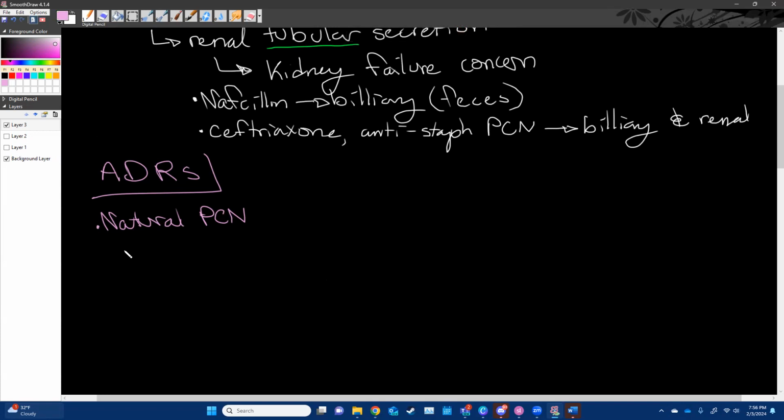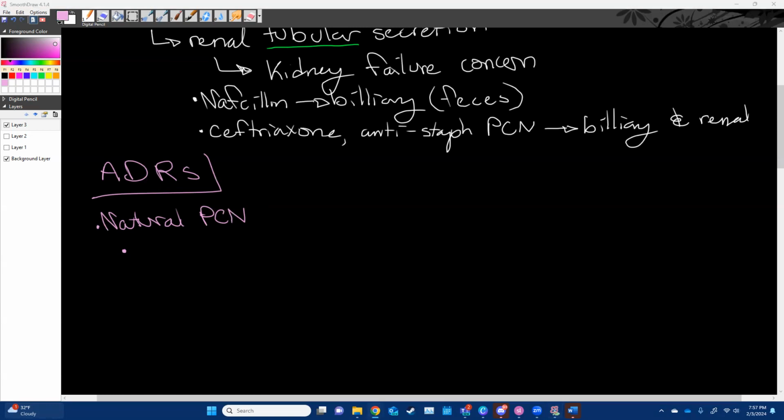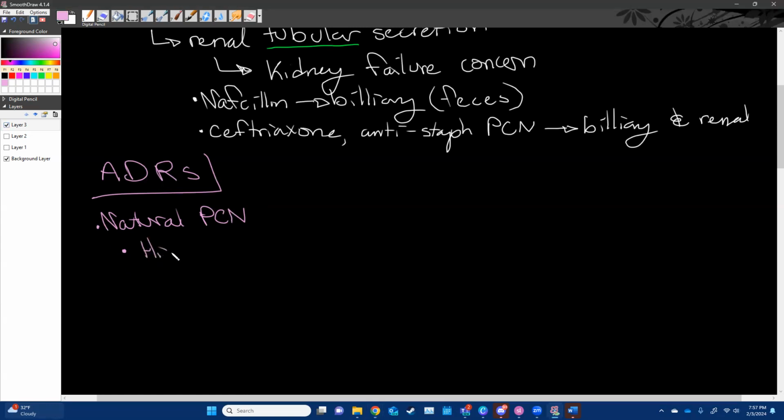The problem is that the manner in which they are formulated is that they can have a high electrolyte load, especially sodium.